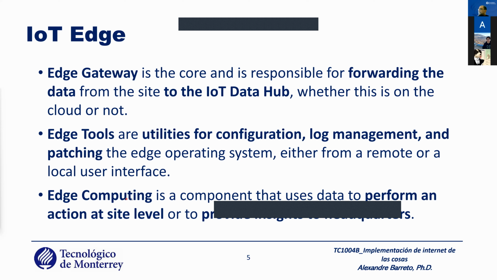Okay, and you have the edge computing. The edge computing provides a group of services like you have in the cloud, but on a small scale. For example, in the edge, you can use very powerful machine learning models, for example, to classify and to identify anomalies.